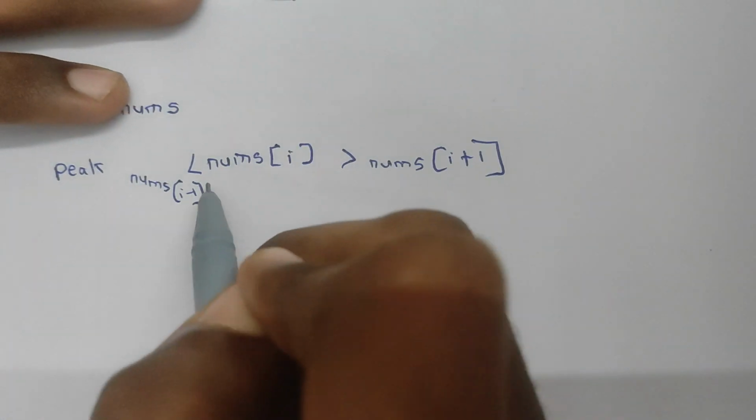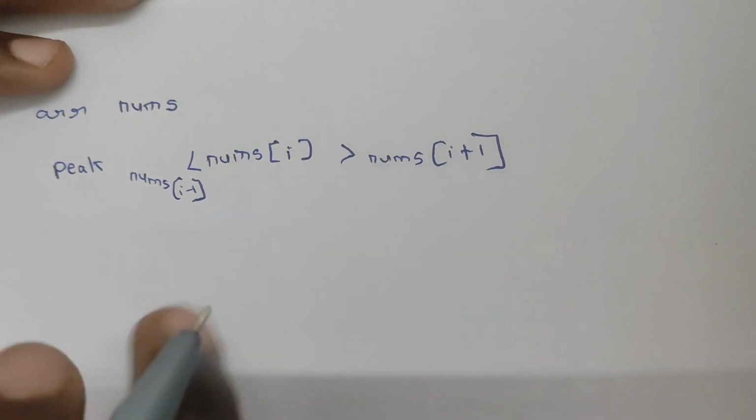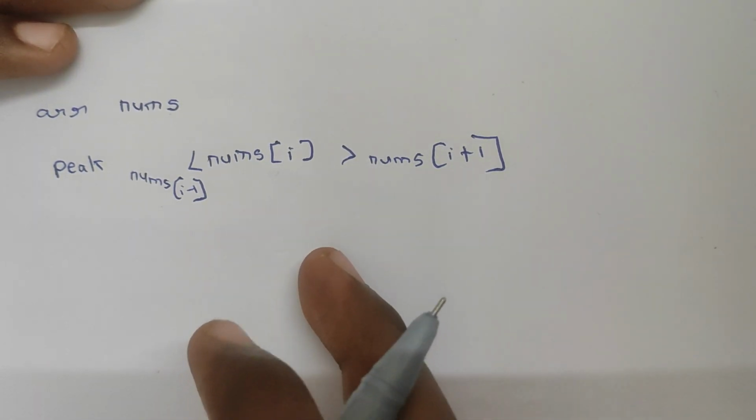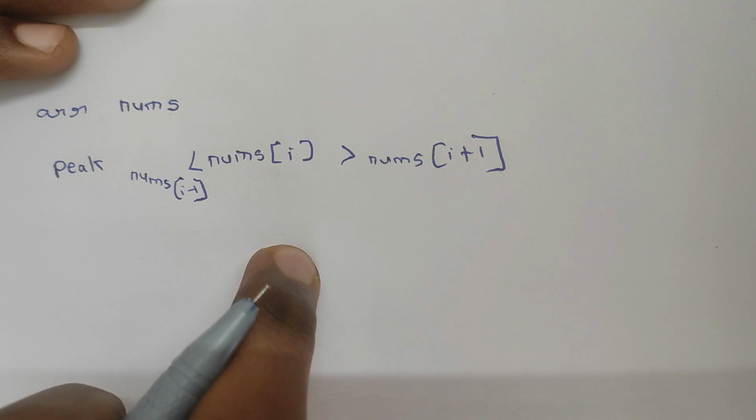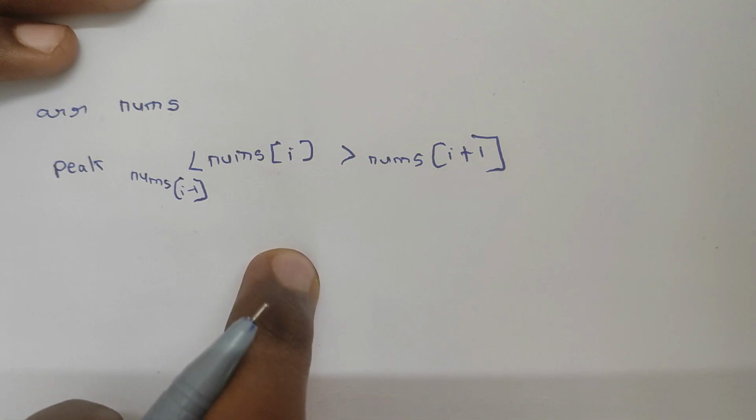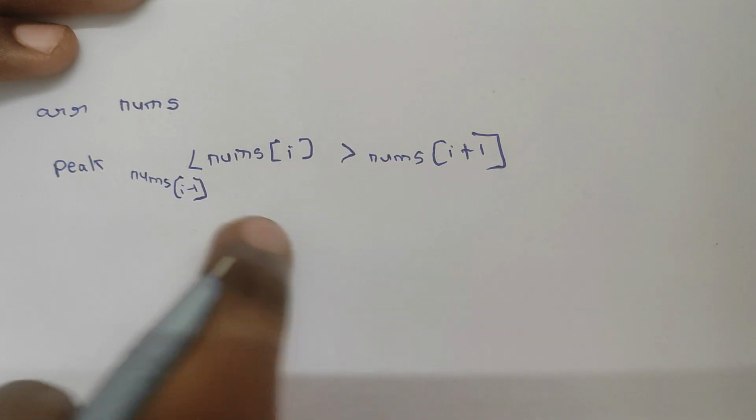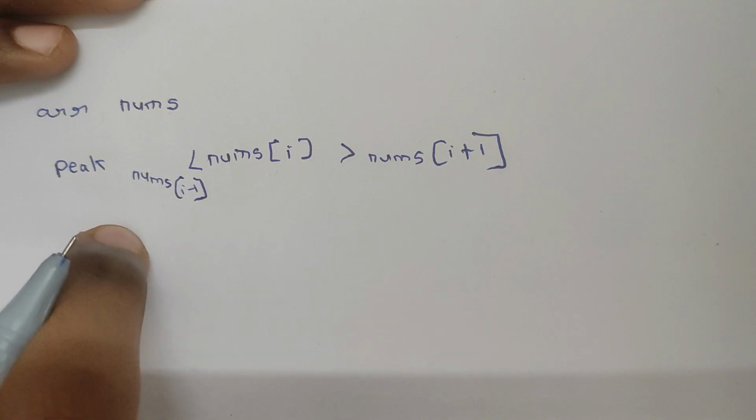So the value at the particular index I is a peak if it's greater than the value to the left side and the value to the right side.